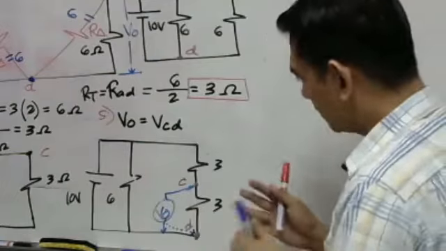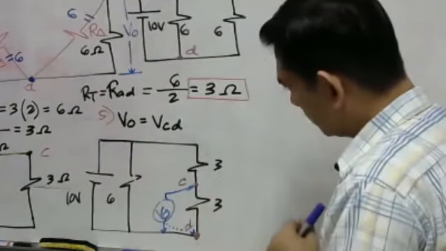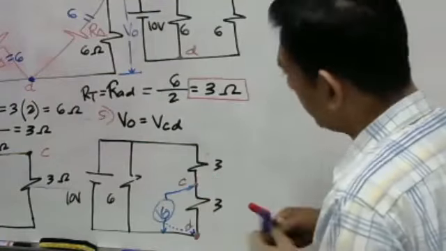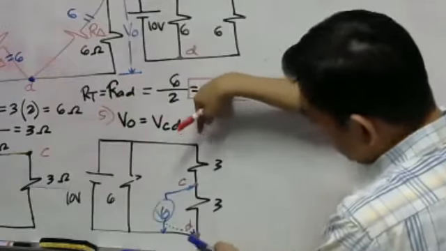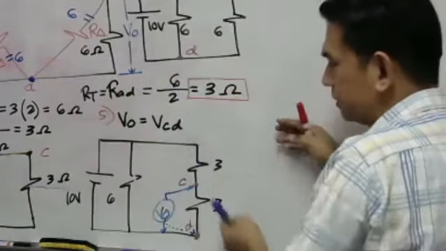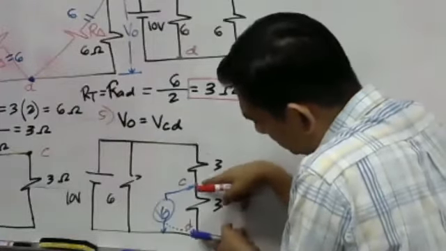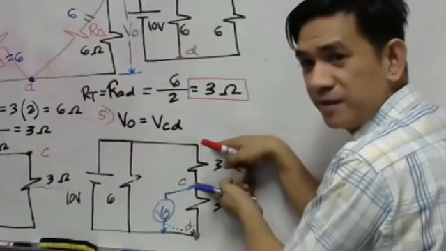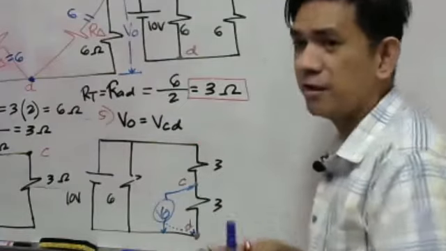Meaning, by visual inspection, without writing the solution, we can easily say that the voltage here is just 5 volts. Because this is 10, the voltage here is also 10, then they are just equal resistors, just divide by 2. So the voltage here must be 5, and the voltage here must also be 5. So they will share the voltage drops.